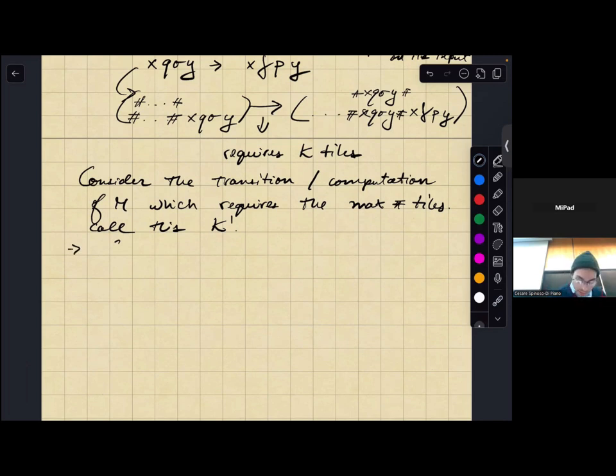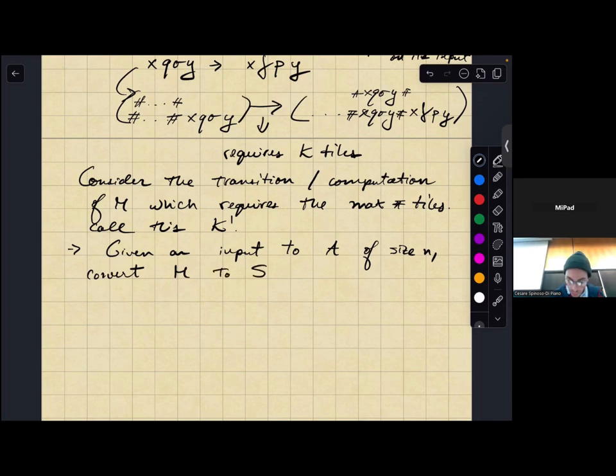And so given an input to A of size n, I'm going to convert M to S_M, and that's polynomial time. And then pass S_M and K prime times P(n) to the PCPm solver.